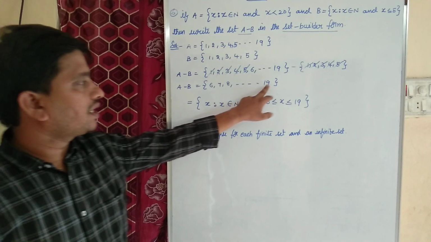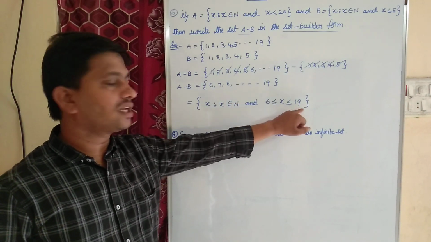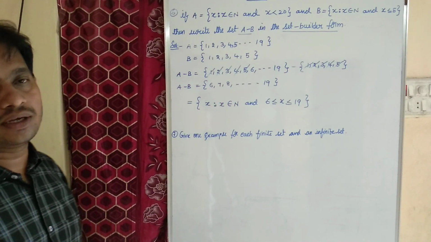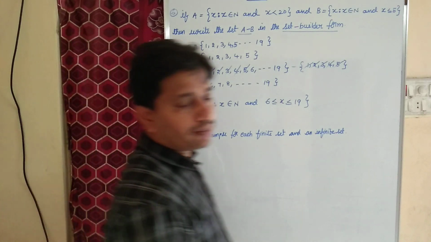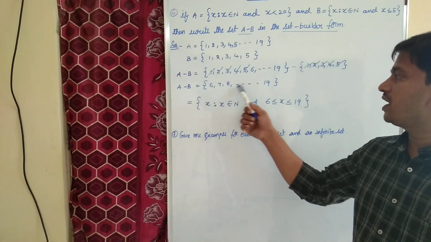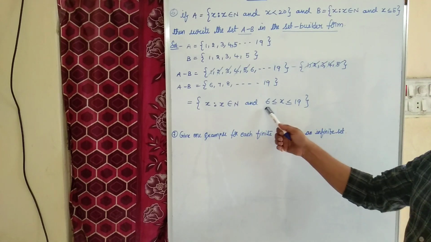It starts from 6 and ends at 19. I mean 6 less than or equal to x less than or equal to 19. This is our set builder form. Okay children, did you understand how to write A minus B in set builder form? Because in set A minus B we have elements 6, 7, 8 up to 19. So x such that x belongs to N and x lies between 6 and 19.